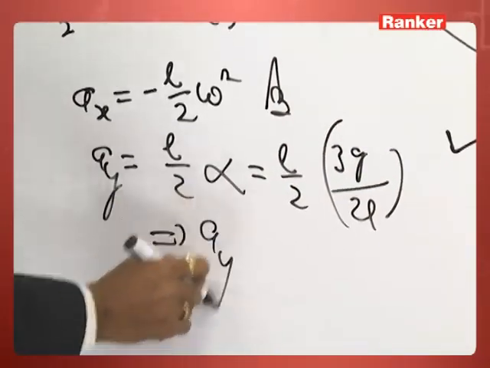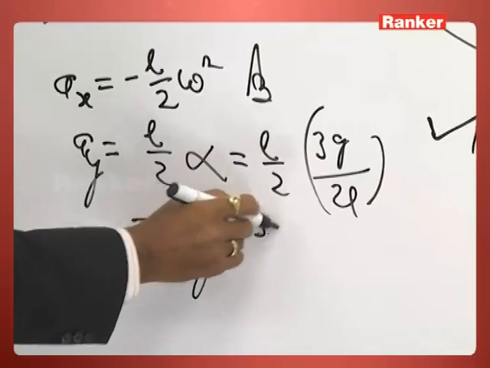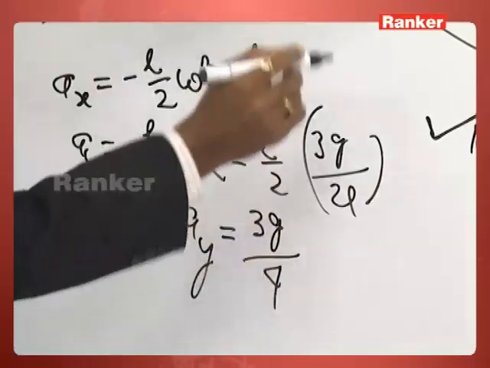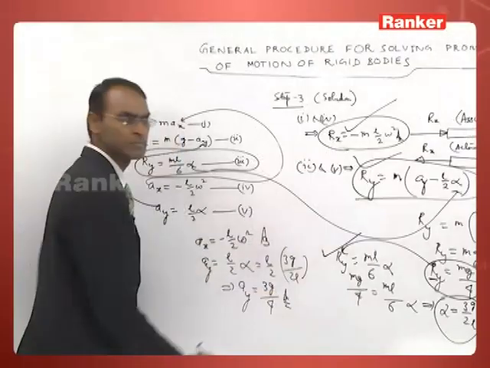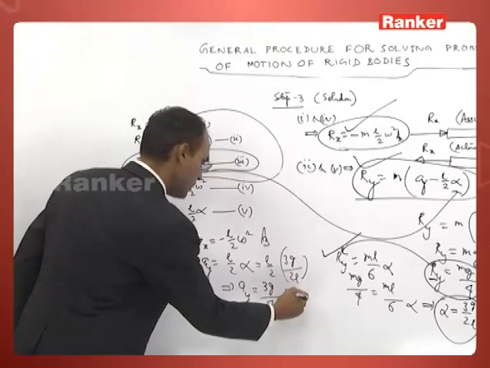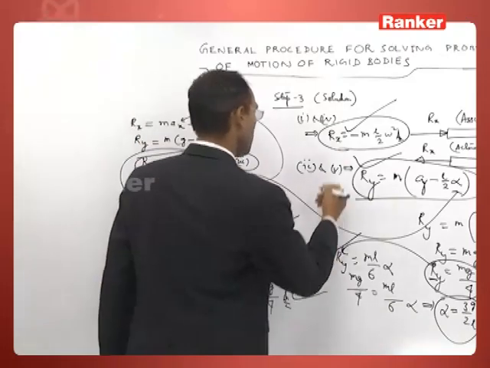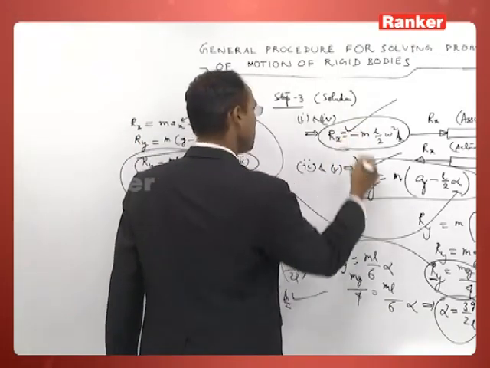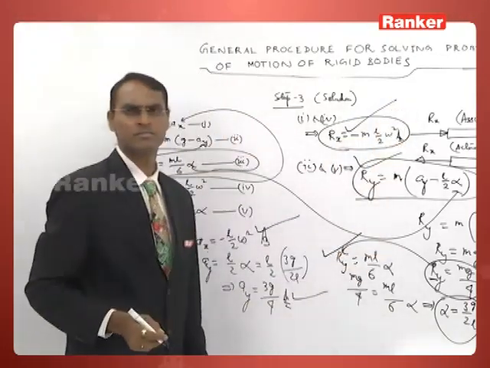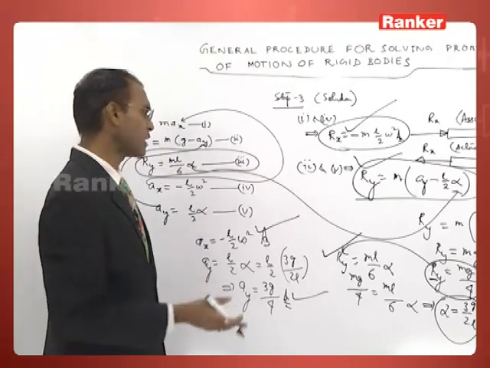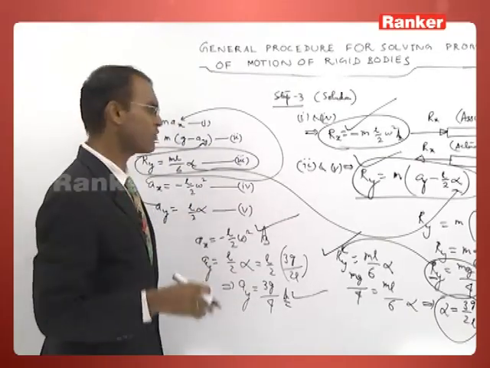Therefore, ay is equal to 3g by 4, answer. We got ay, we got ax, we got Ry, we got Rx. They may ask you to calculate the total acceleration and total reaction force.